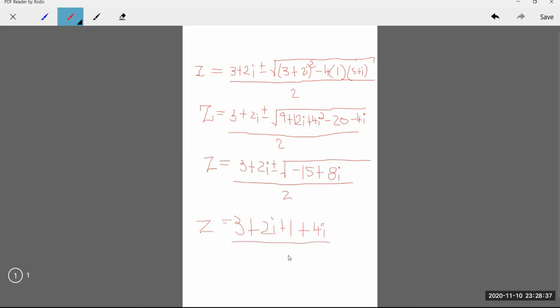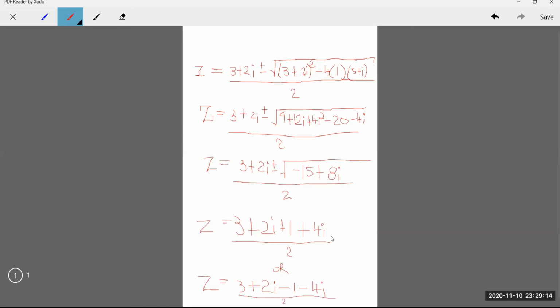That's one option. Or let's look at when it was minus 1 minus 4i as well. Or z is equal to 3 plus 2i minus 1 minus 4i, divided by 2. So now we get our two possible answers for z.